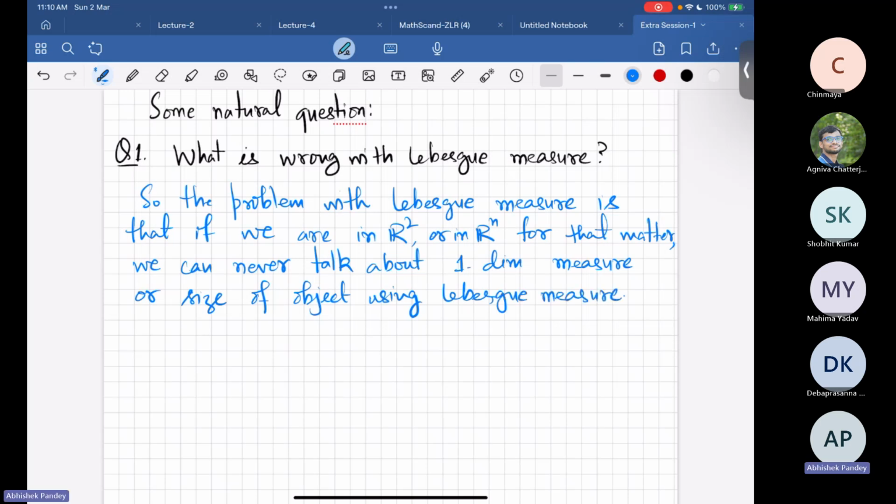Because the L2 measure of X is zero whenever X is a set which does not have area.